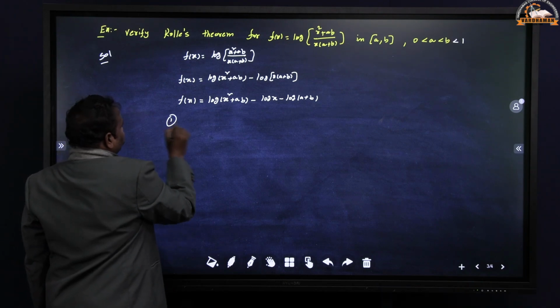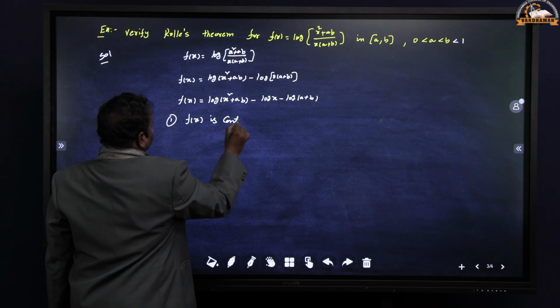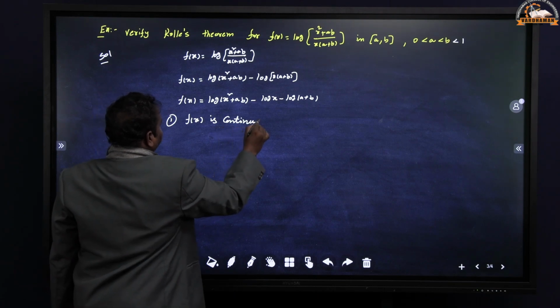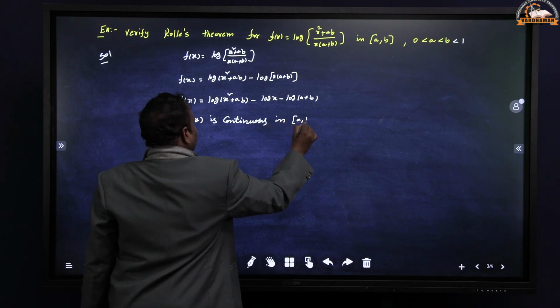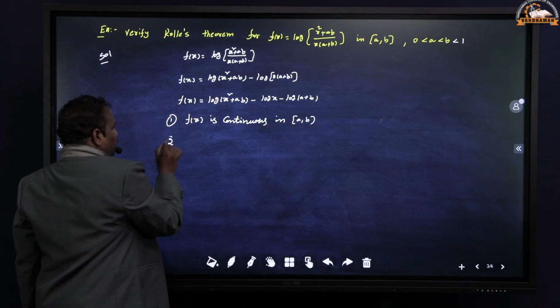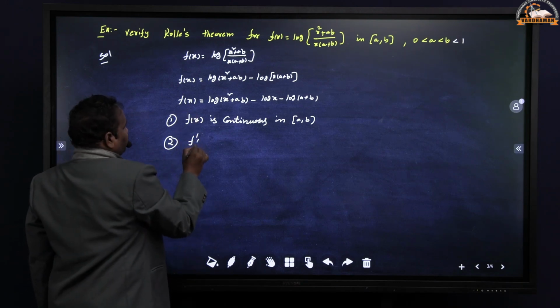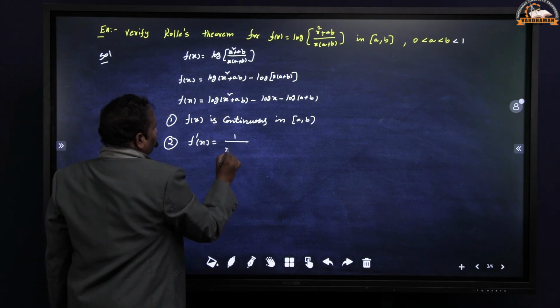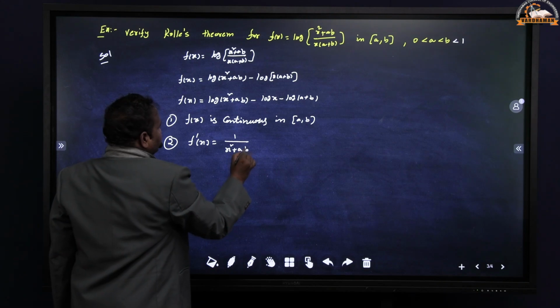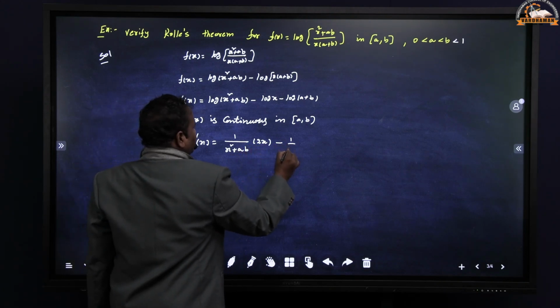Therefore, first condition: f of x is continuous, because all logarithms are defined in the closed interval a comma b. Second one, evaluate the derivative of this one. f dash of x is equal to logarithm derivative 1 by x, again x square plus ab derivative 2x, log x derivative 1 by x.